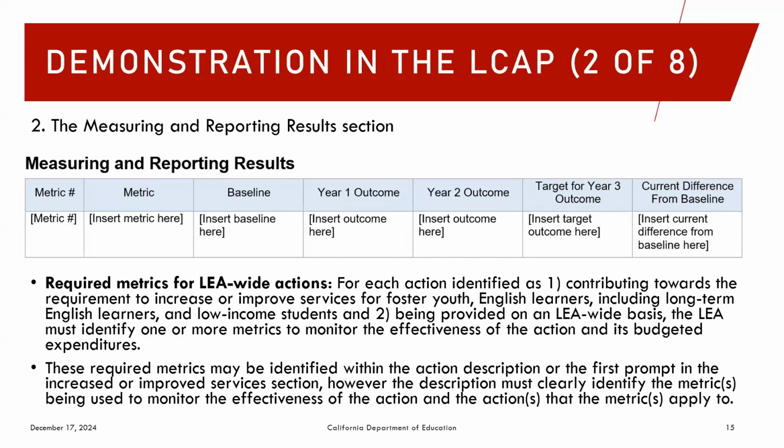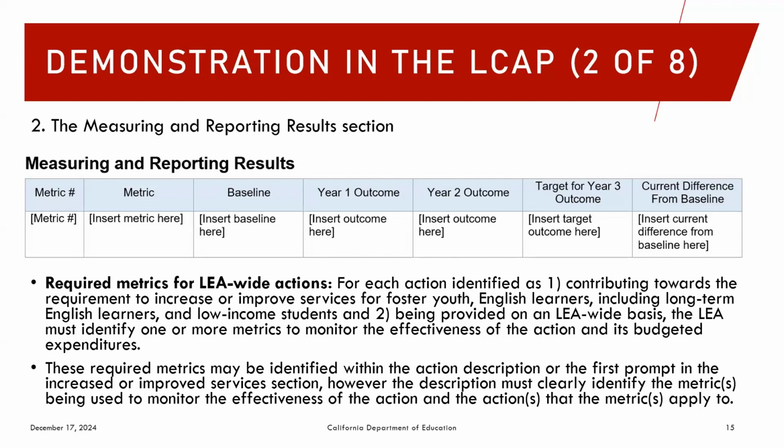Specifically, for any LEA-wide or school-wide actions that are contributing, they have to have one or more metrics identified that are measuring the effectiveness of those actions. Those are included within the measuring and reporting results section.